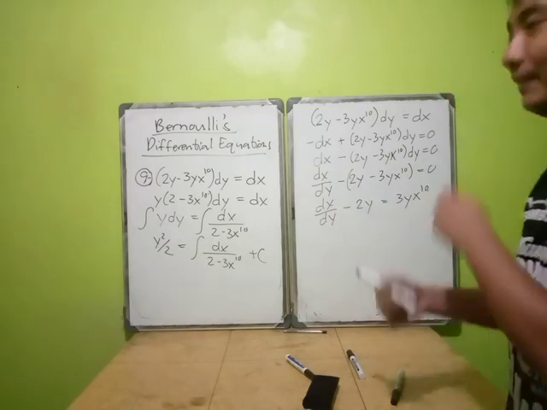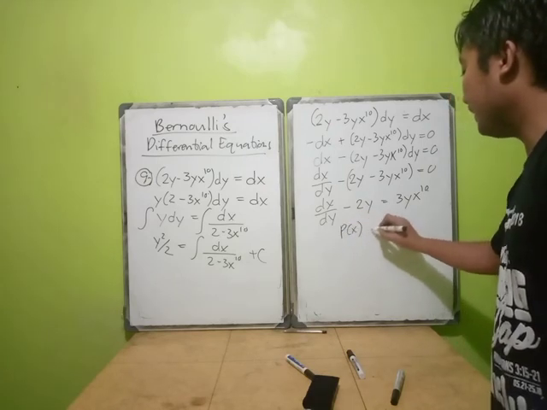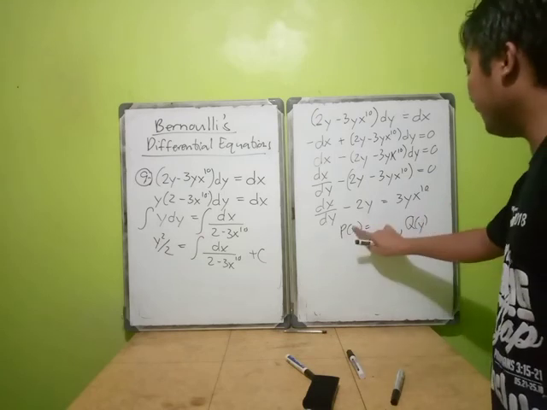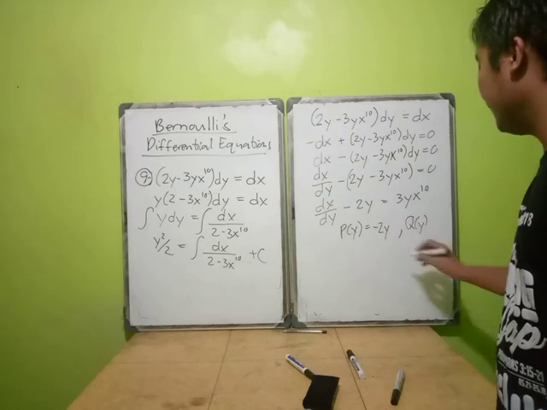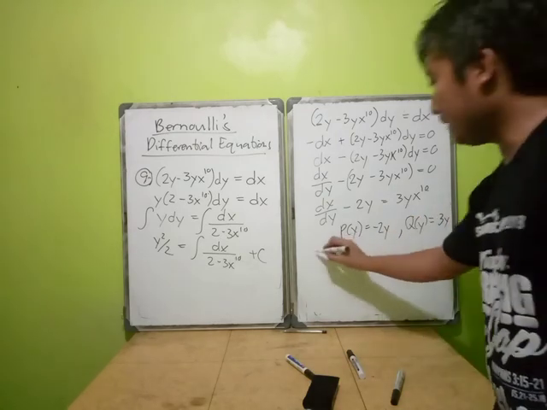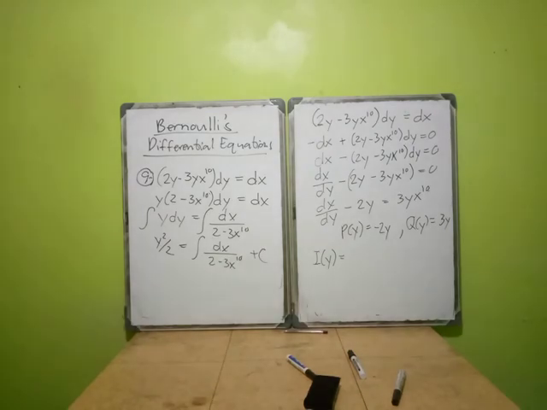Okay, dx over dy, baliktad yung sitwasyon. So, kaya py at x at qy yung hanapin natin. So, si py at qy pala. So, py natin dito is si negative 2y. And then, si qy natin is 3y. Okay? So, from that, ma-identify natin si integrating factor na si I of y.